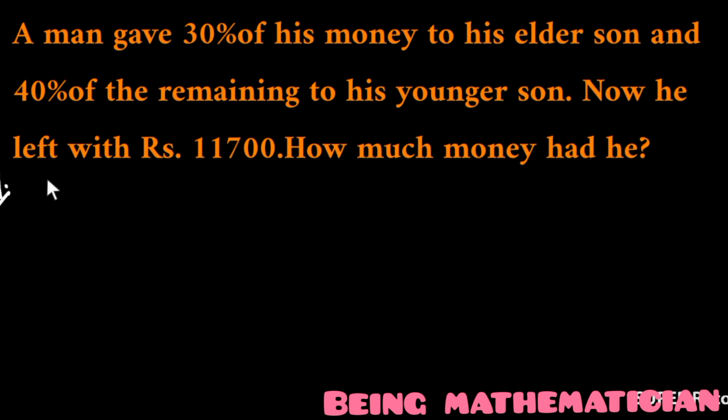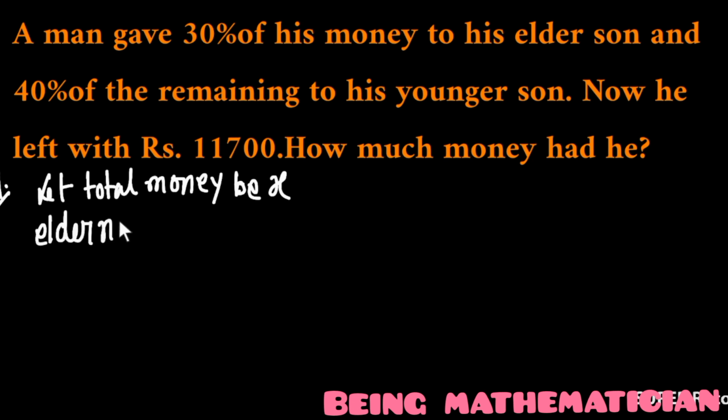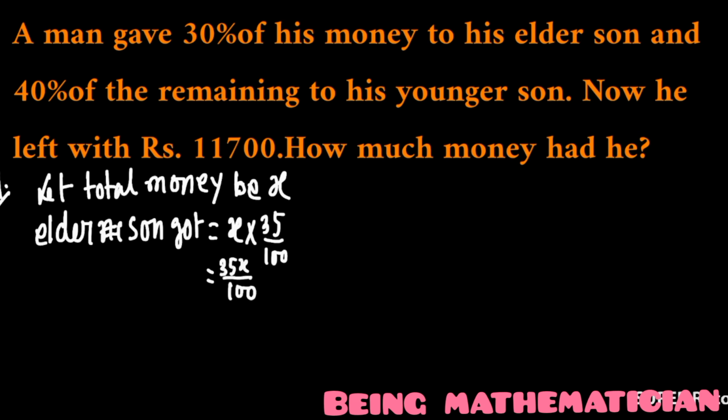First of all, let the total money of the man be X. So clearly his elder son got X into 35 by 100, that is 35X by 100.